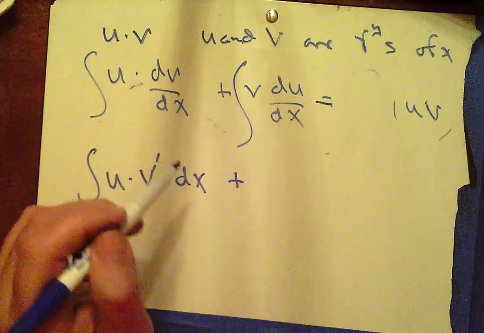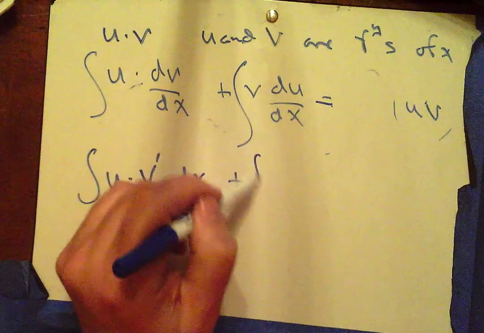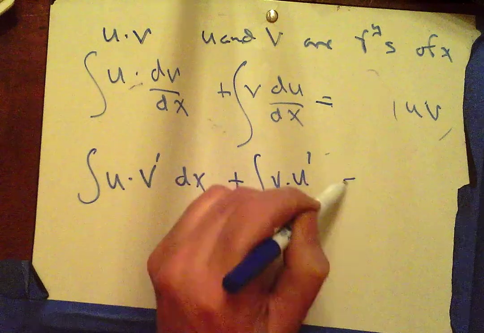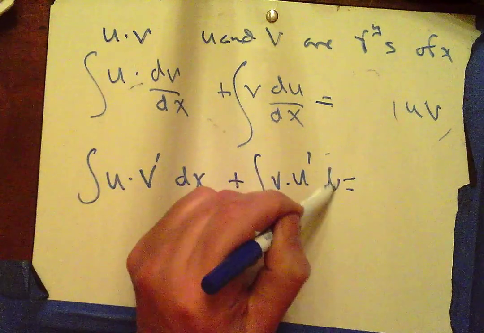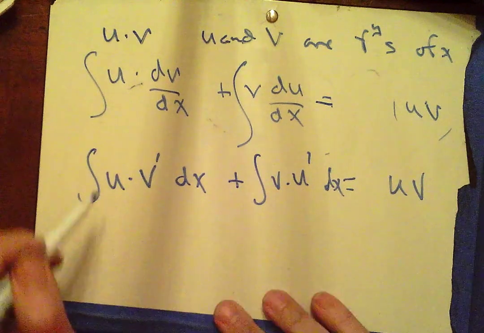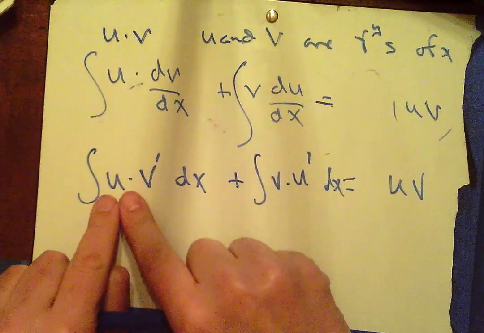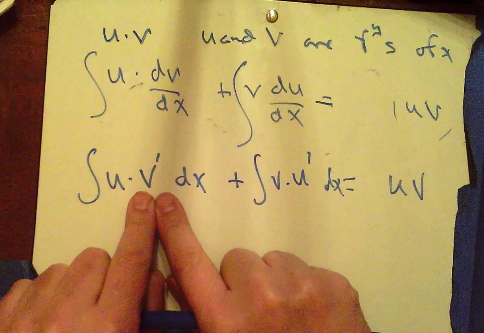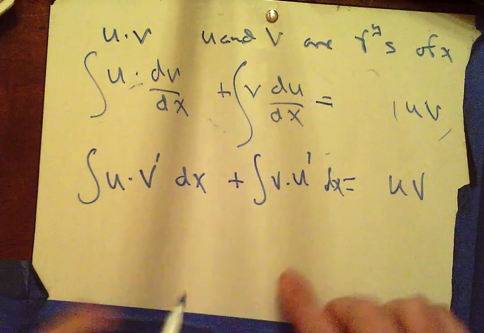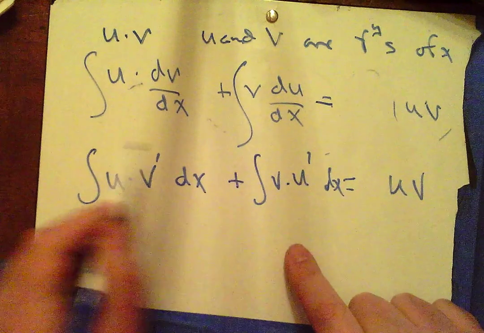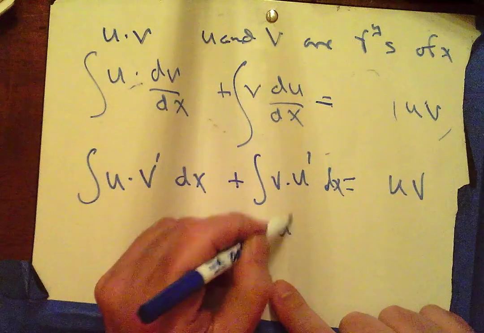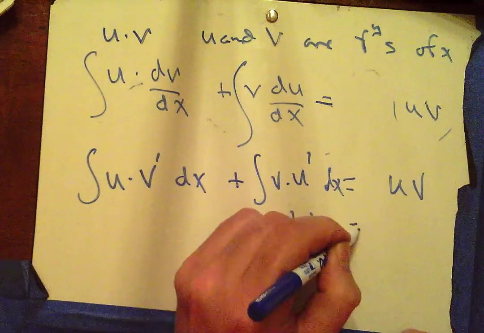Plus the integral of v u prime equals u v. Now, what I'm looking for is a function and someone else's derivative. And what is that equal to? Well, let's get this all by itself by subtracting the integral of v u prime from both sides.